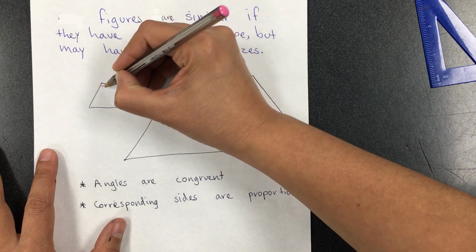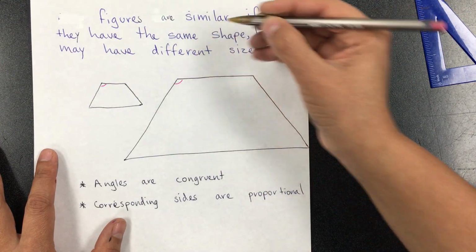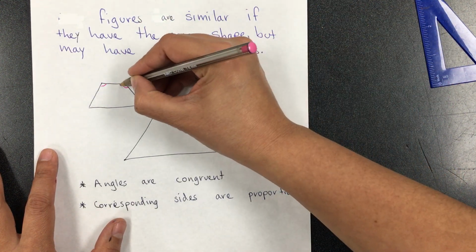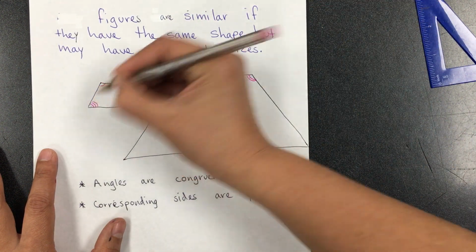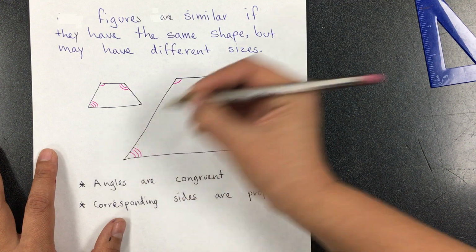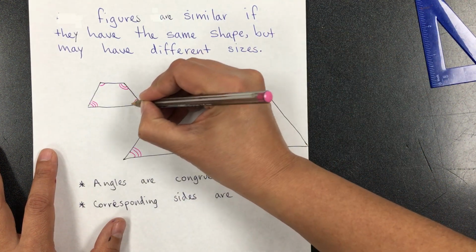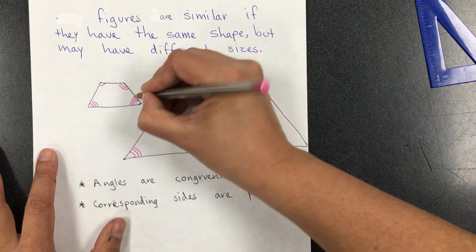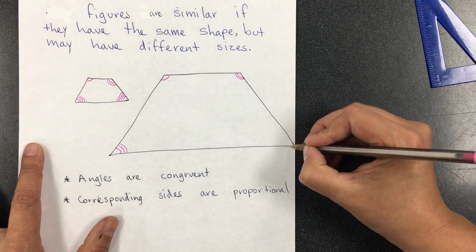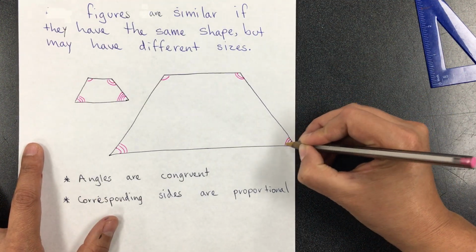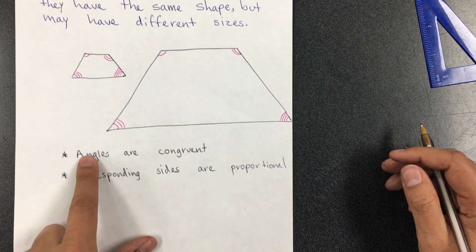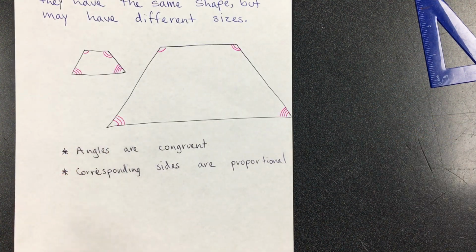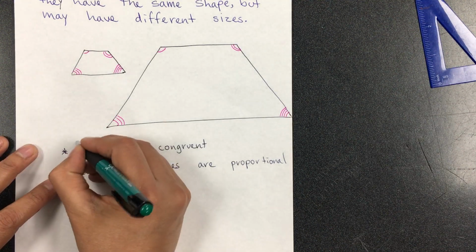That the angles are congruent. This angle is congruent to this angle. This third is congruent to this angle. And this angle, oops, I can do 3, it has to be 4, is congruent to this angle, okay? So corresponding angles are congruent.